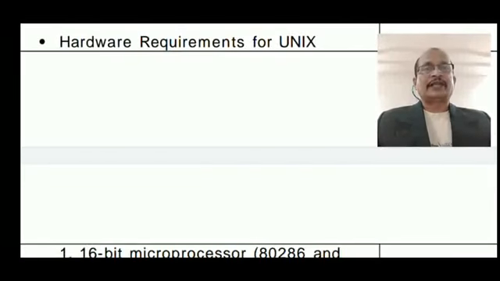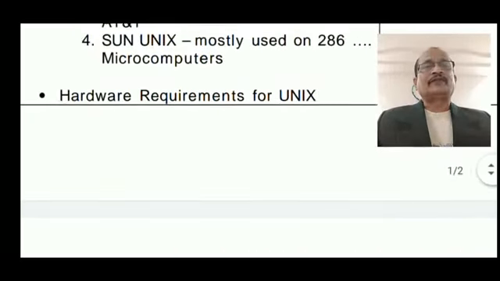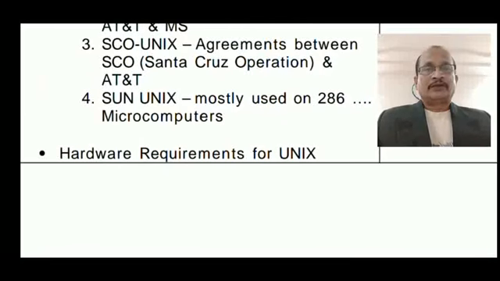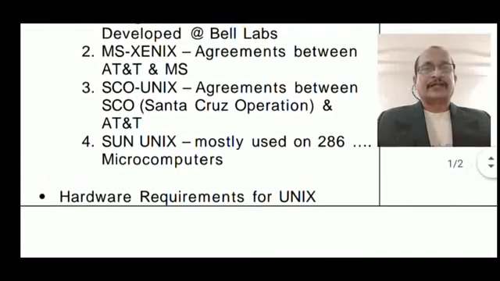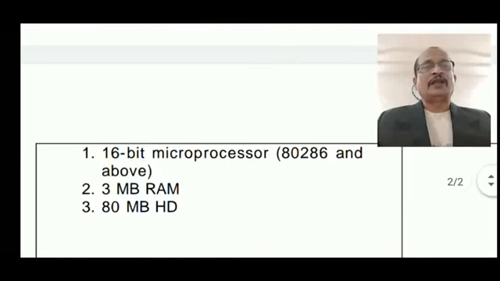Now we are going to see the basic requirements for installation of the Unix operating system. Once you have any version of the Unix operating system, that may be SCO Unix or Sun Unix, you can install it on your computer. What are the basic requirements for installing the Unix operating system on a computer? You must have a 16-bit microprocessor.